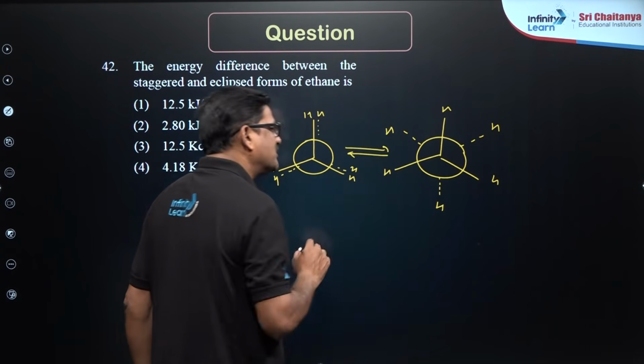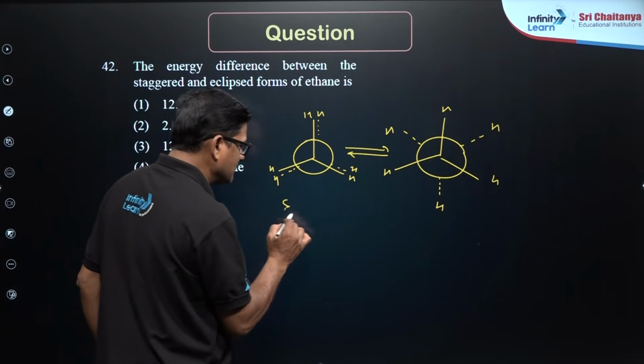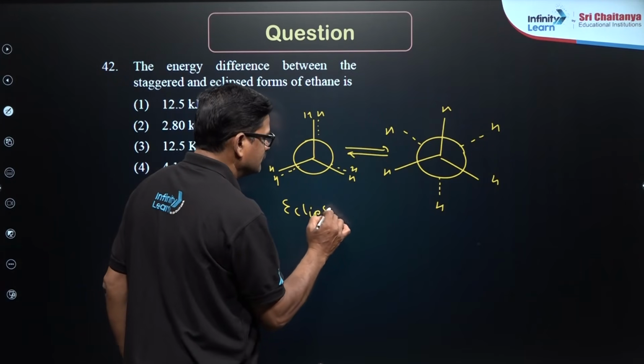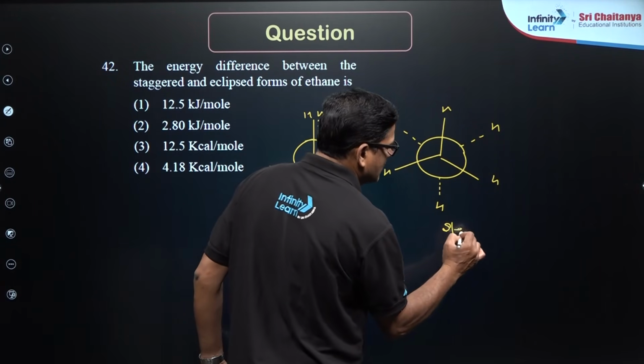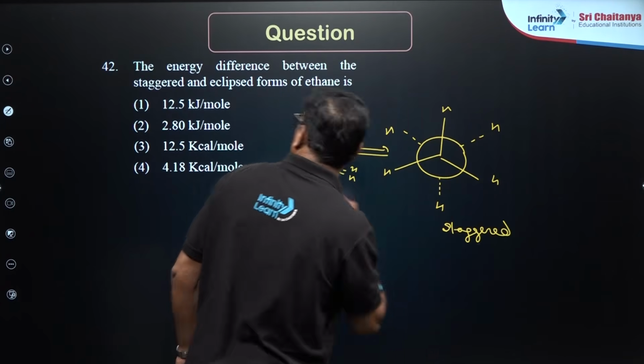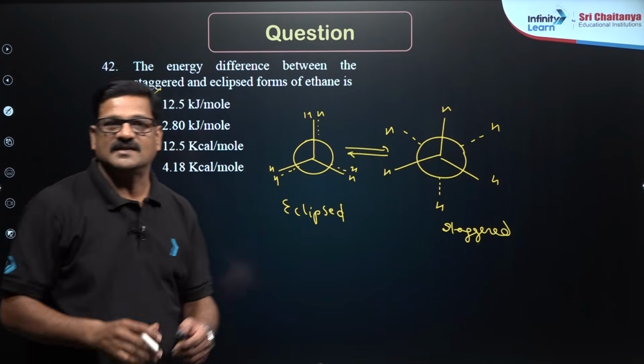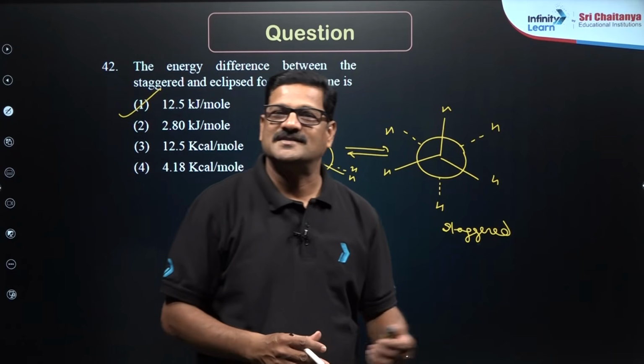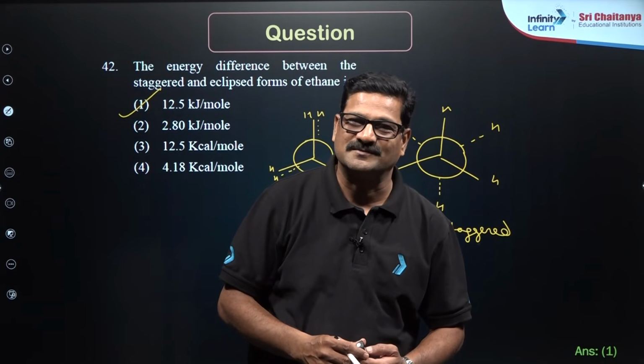And the difference between these two, eclipsed and staggered, it is going to be 12.5, that is clearly given in the NCERT. The answer is going to be the first option for this question.